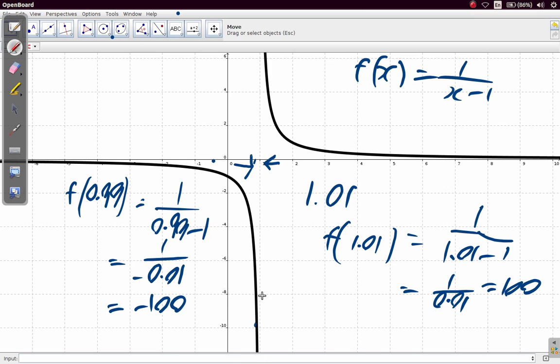It shoots all the way down to negative 100 and goes towards negative infinity. So you get closer and closer to the line x equal 1. As you plot, the curve gets closer and closer to it, but never reaches it. So that's a vertical asymptote to the curve.